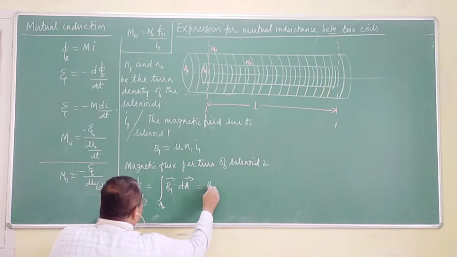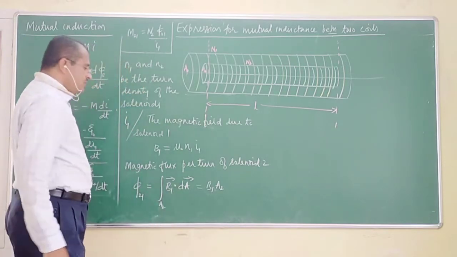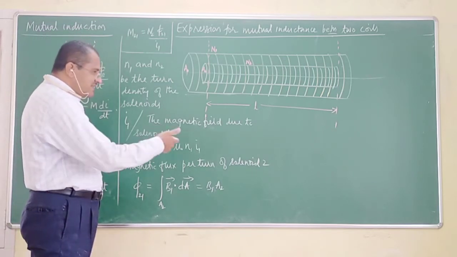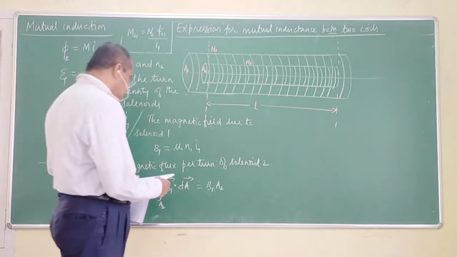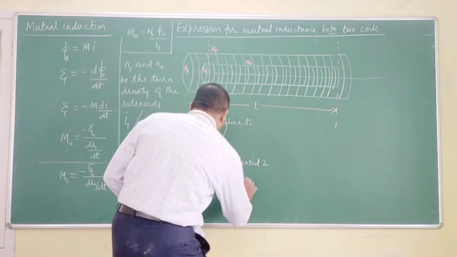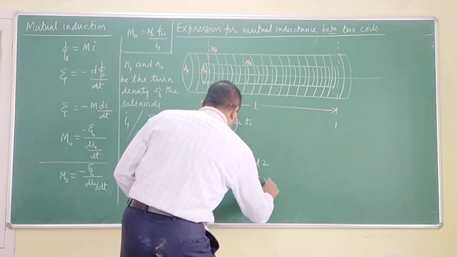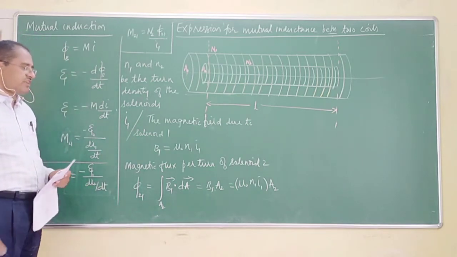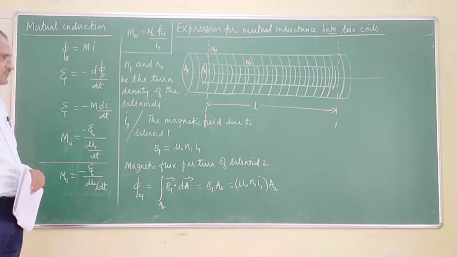This will be B1 into A2. If you expand this, B1 dA cos theta, theta is 0 because the B vector and area vector are parallel to each other. Cos 0 is 1. Therefore, this will become mu naught n1 I1 into A2. That is the magnetic flux per turn of solenoid 2.